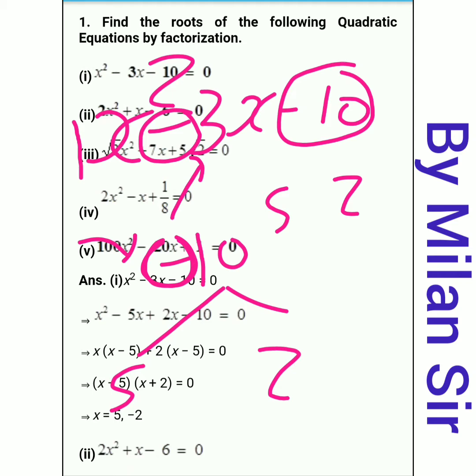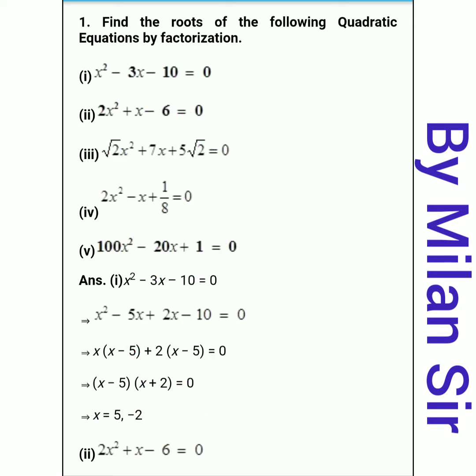Here our bigger factor is 5, so we give minus sign to 5, and then a different sign, plus, to 2. So our two factors are minus 5 and plus 2.